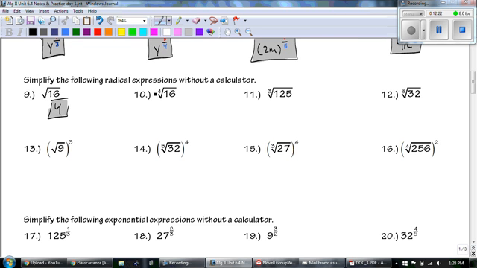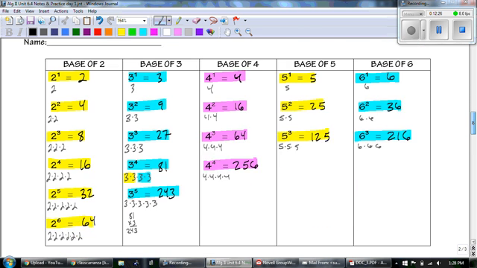Now, the fourth root of 16, I'm going to go back to this other side real quick. I'm looking for 16, and so I have 16. Oh, that's squared, so that's not it. There's 16, and there's a 4 right there, so that's 2 to the 4th.